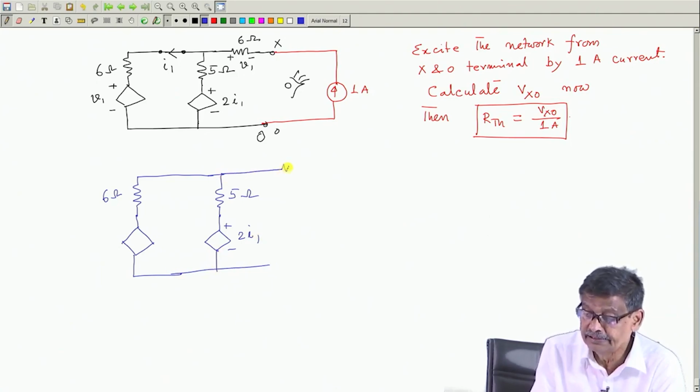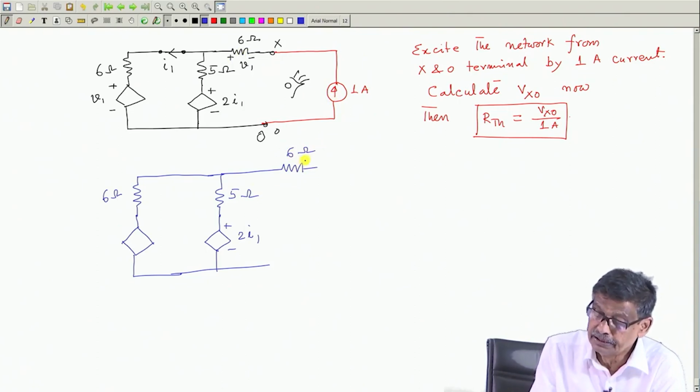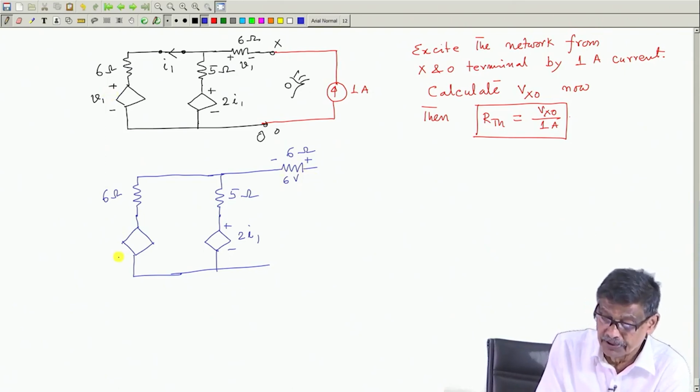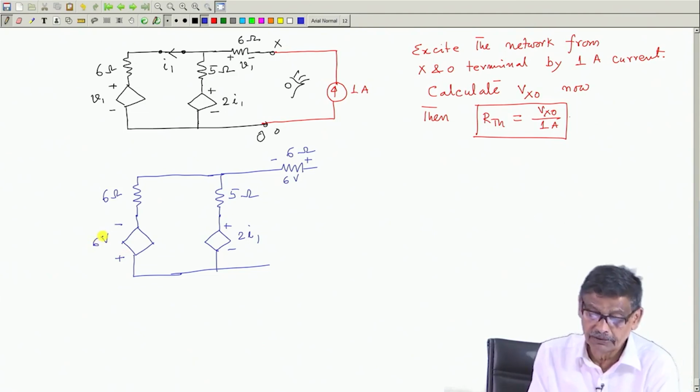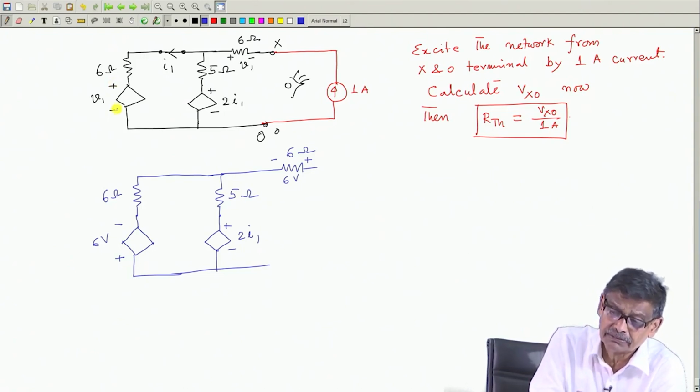And this resistance 6 ohm, since you have forced a 1 ampere current to flow through it, the voltage drop will be 6 volt, 6 into 1 with this polarity. Therefore, that is equal to the same V1. So, this voltage will also be 6 volt. Got the point? This polarity you must understand, or alternatively you can write minus 6 volt.